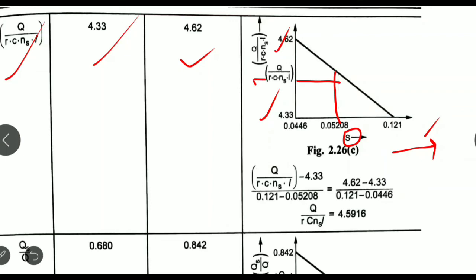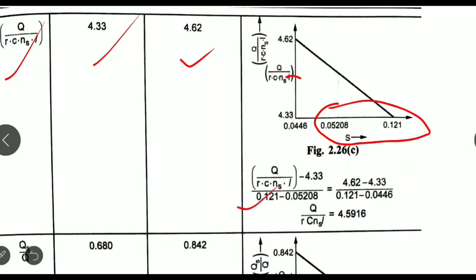First, as it is, Q by RCNs minus 4.33 divided by this minus this, these 2 values, and for these 2 values we need to keep 0.2121 minus 0.052 is equal to max minus minimum, 4.62 minus 4.33, over 0.21121 minus 0.046.